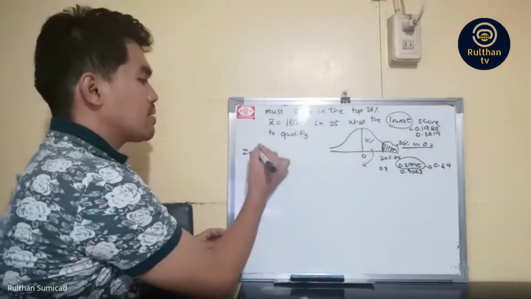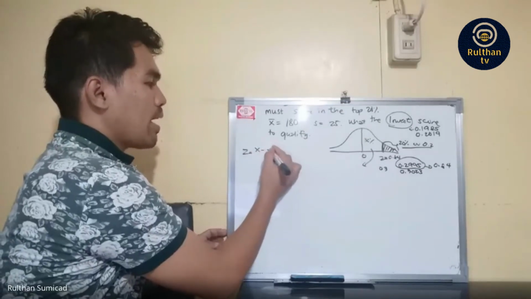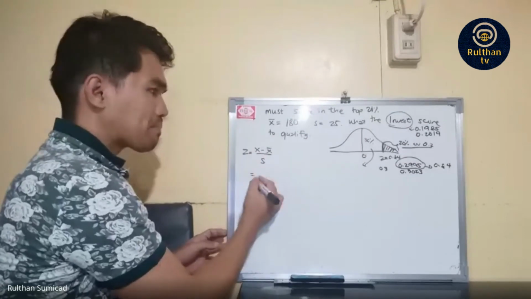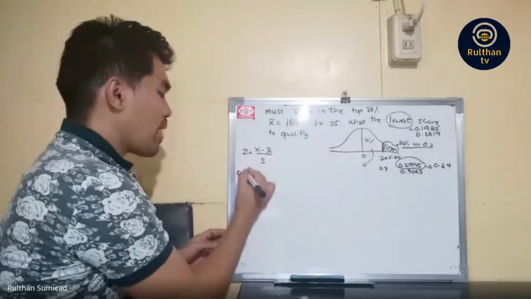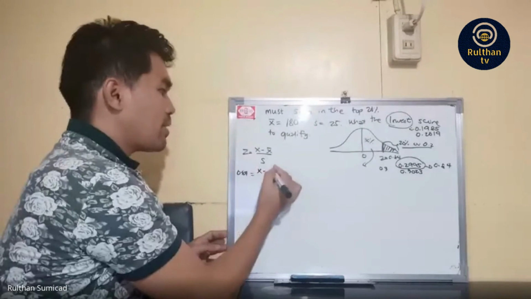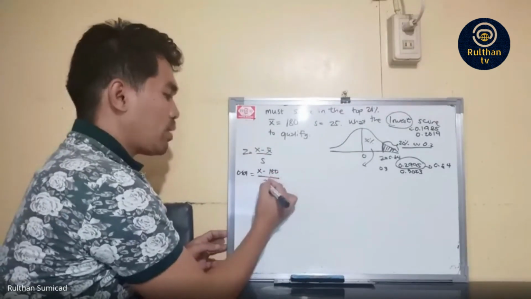Z equals x minus x bar divided by s. Our z is 0.84, positive because it's above the mean. And then x minus our mean, 180, divided by 25.